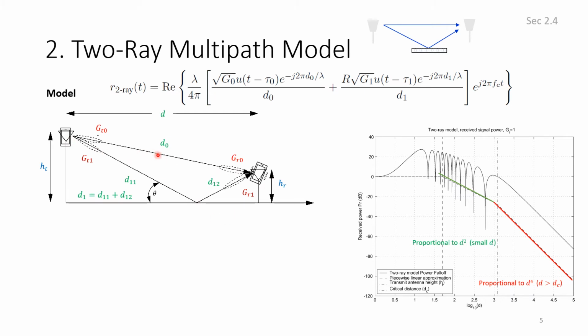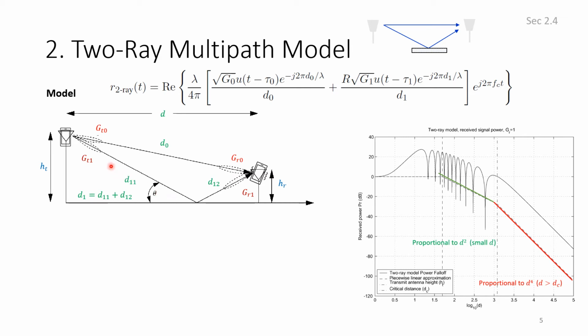Let's call this D0, and let's call this D1. And we can divide D1 into D11 and D12 because there are two reflections. You can see that there is a direct relation between the heights of the antennas, the geometry, the distances, and so on. So we can find the path length by doing some geometry with the angles and so on.